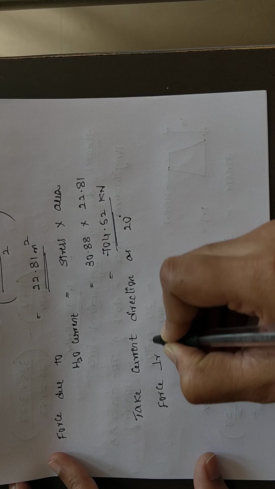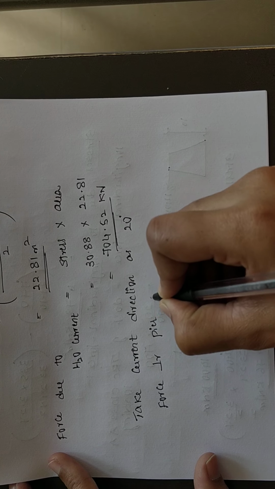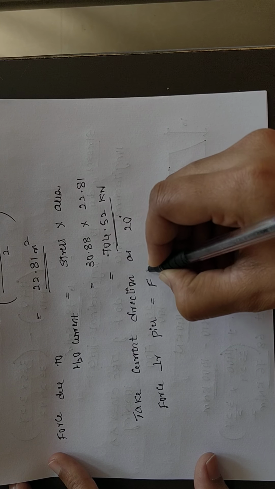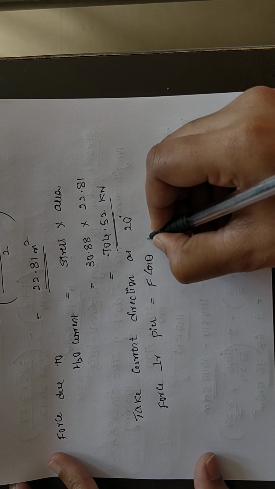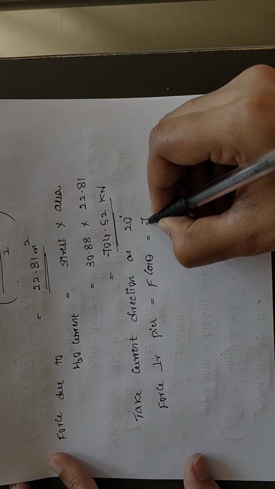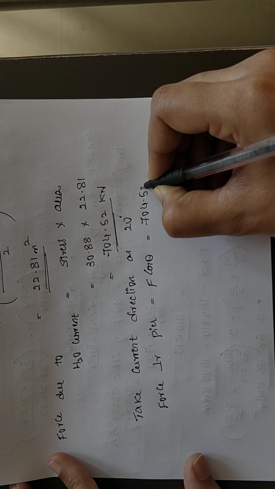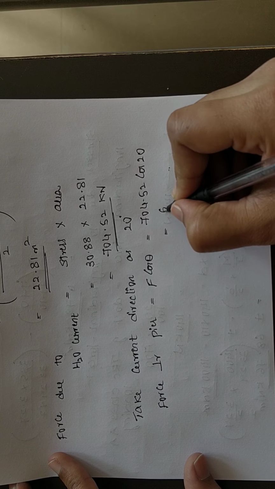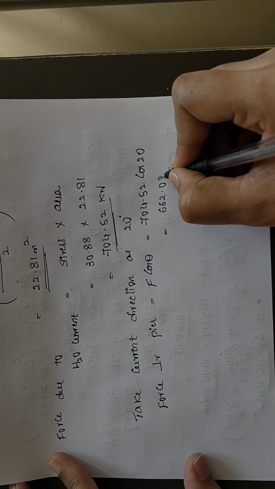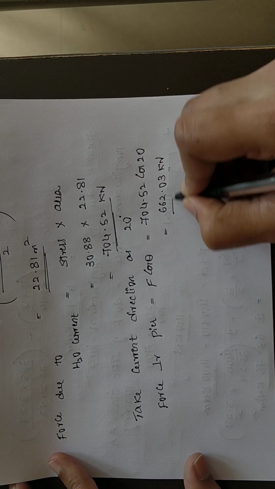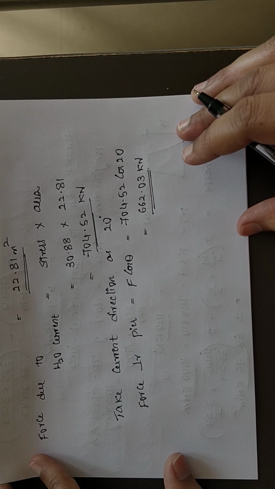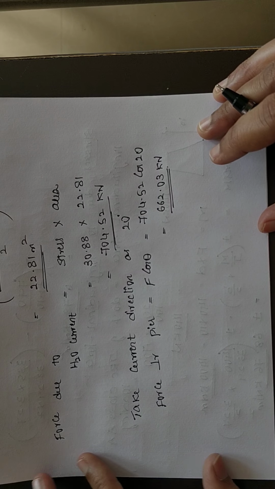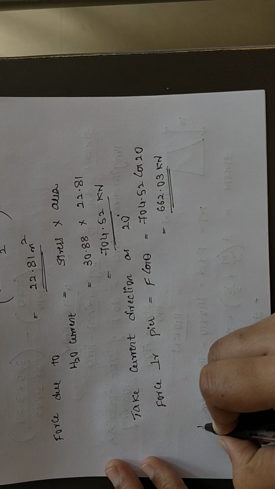Force perpendicular to the pier equals F into cos theta. F value is 704.52 into cos of 20 degree. You will get 662.03 kilonewton.